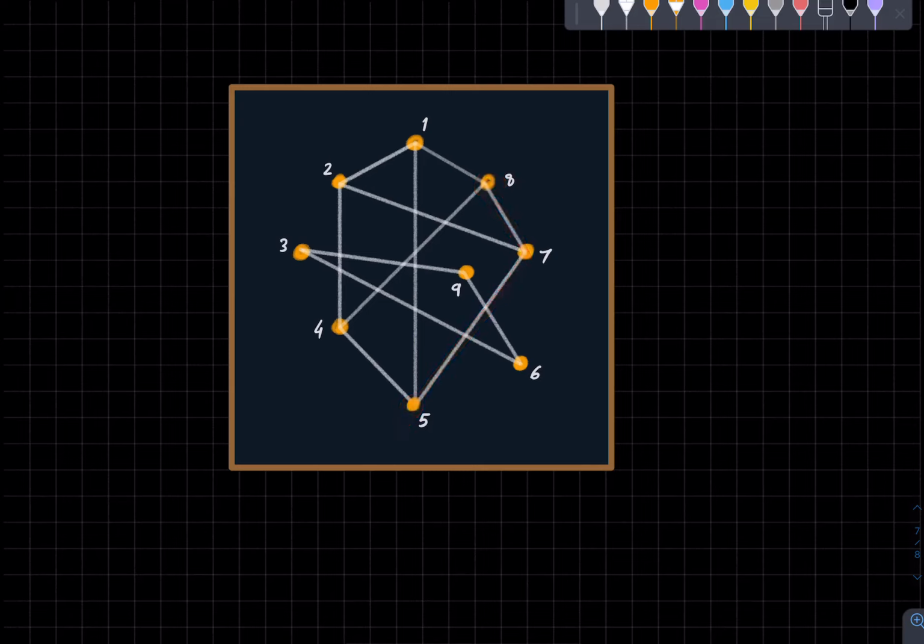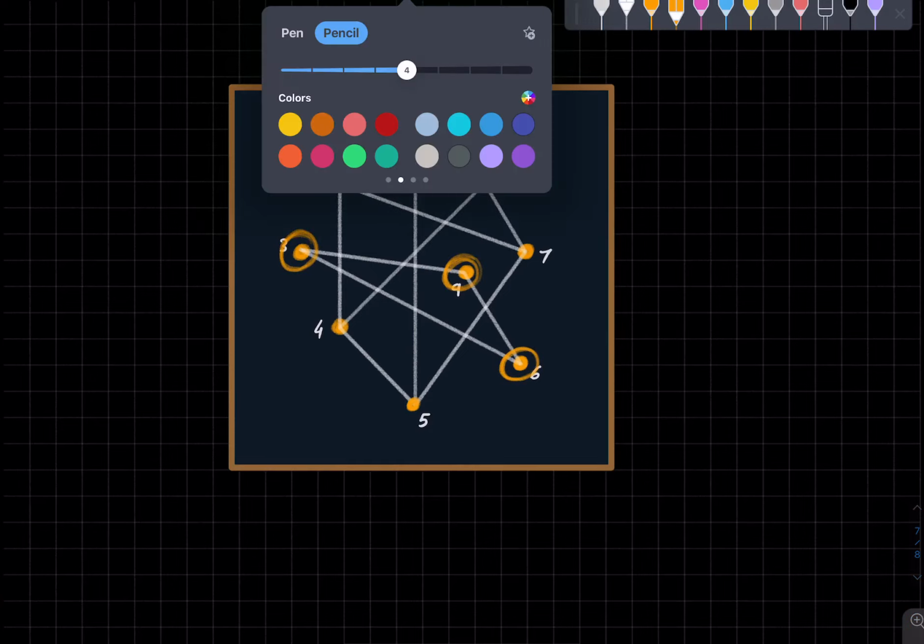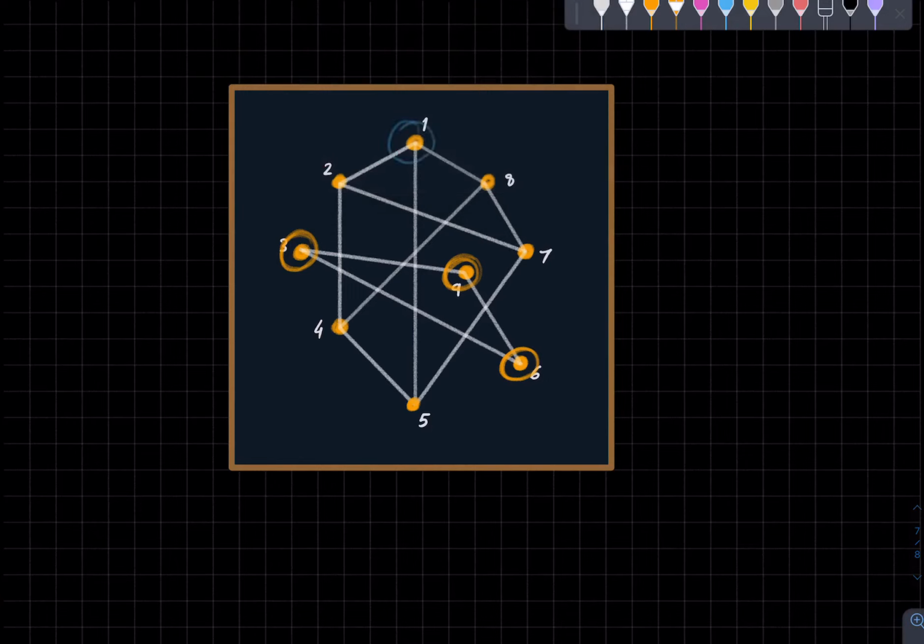Right? So now, if you just isolate the components of this graph, there are 2 components in this graph. Again, maybe let's label them. So this is one component. And this is another component. So this is just a matter of computation.